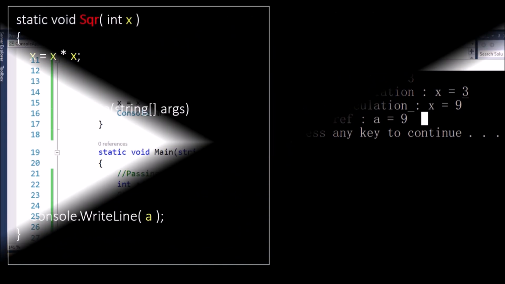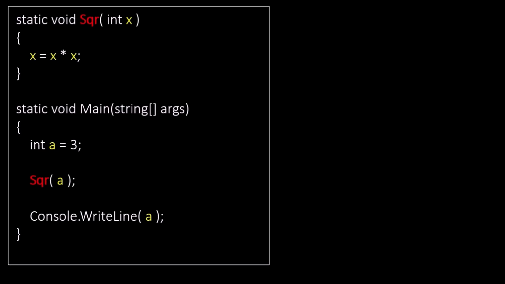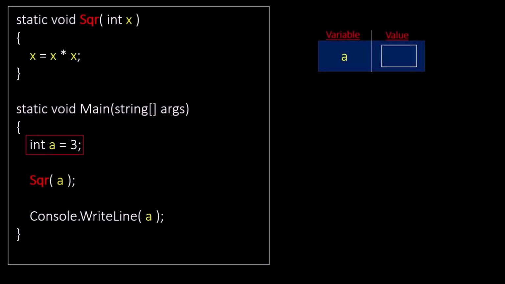In this example, we are looking at how passing by value works in C#. So in the main method, we create a variable called a, and we give it the value 3. That means inside the computer's memory variable a is holding the number 3.